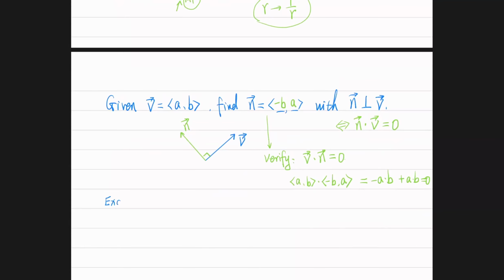First, if my V is 1, 2, can you find me a normal vector? Okay, I will start with Amy. You go first. -2 and 1.